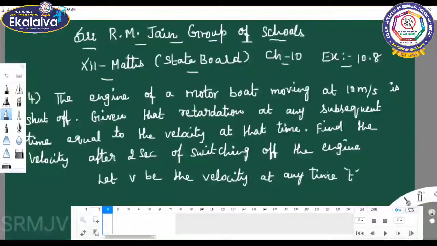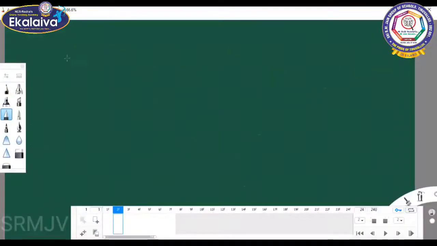Retardation is equal to velocity. What is the meaning of that?